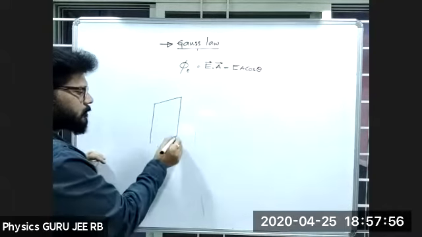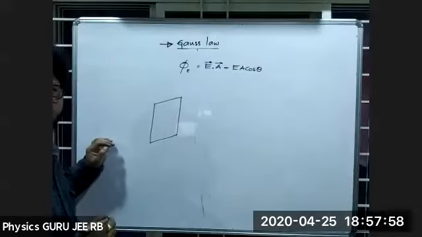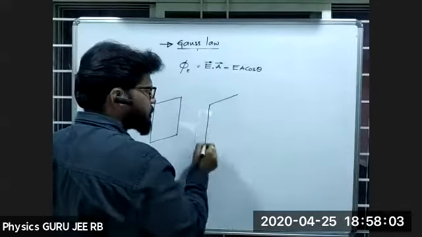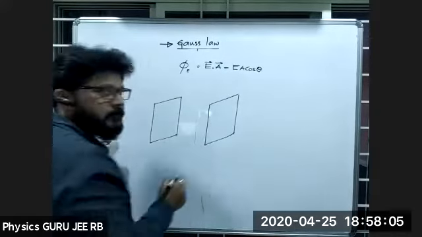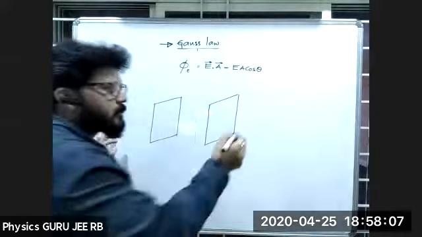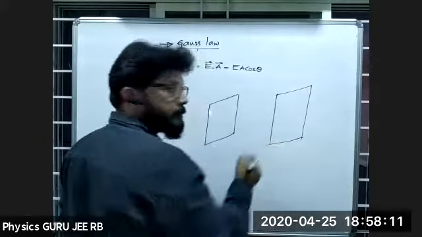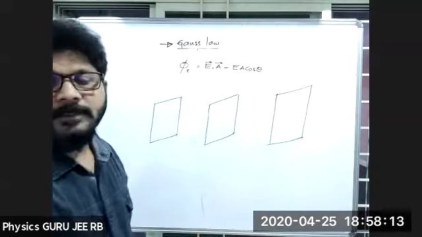Number one, first surface. If I take a second surface, 1, 2. The third surface, 1, 2, 3 surfaces I am taking.